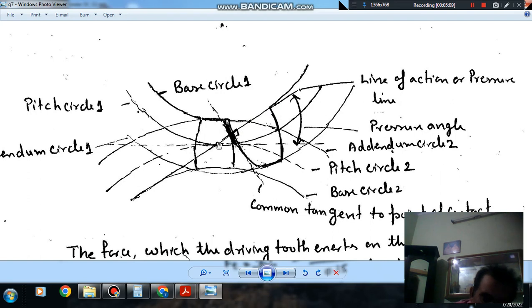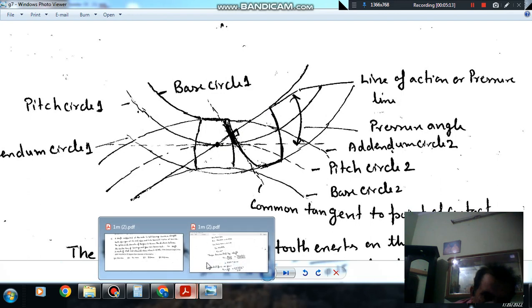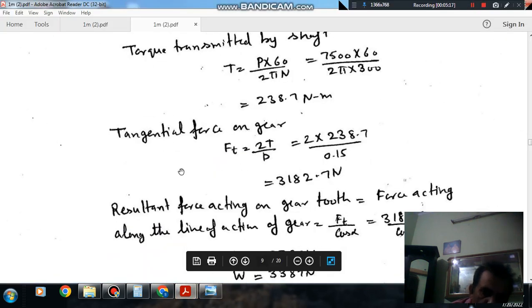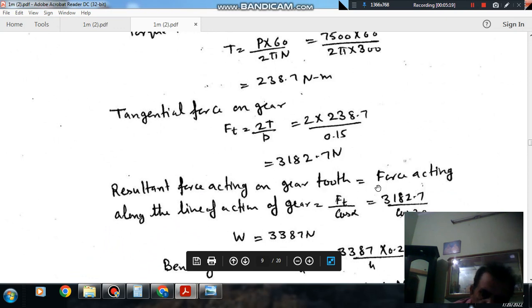So the resultant force, or the force acting along the line of action of the gear tooth, will be Ft divided by cos alpha. That comes out as 3387 newtons. So this is W.